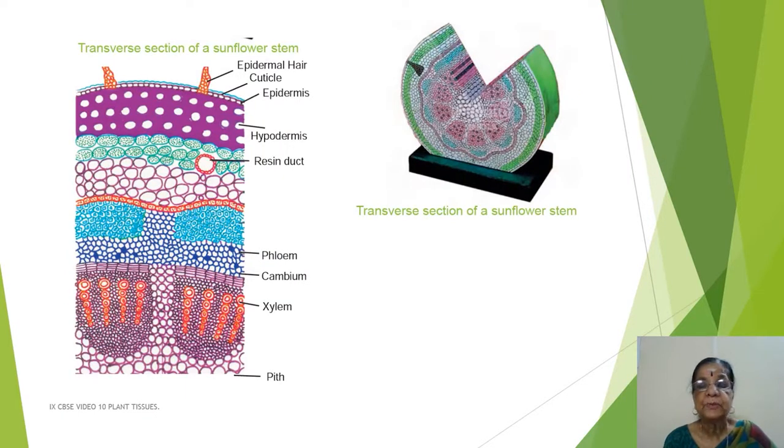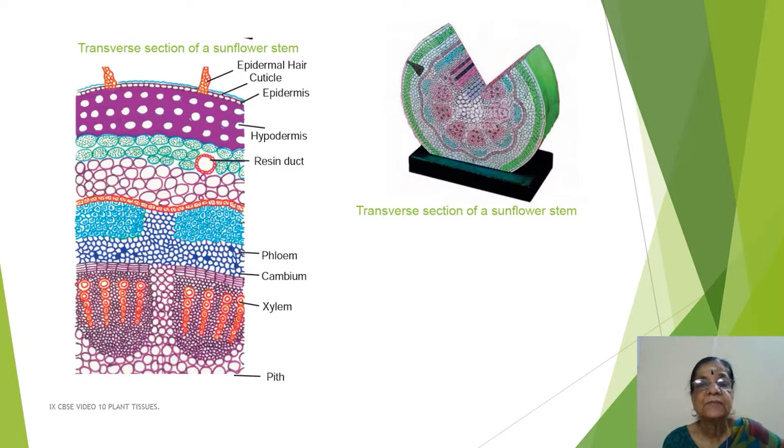Okay, so now we have seen parenchyma, collenchyma and sclerenchyma, is it not? Earlier I showed this same diagram, but still, after learning these simple permanent tissues, I want you to understand this diagram. I hope you follow.